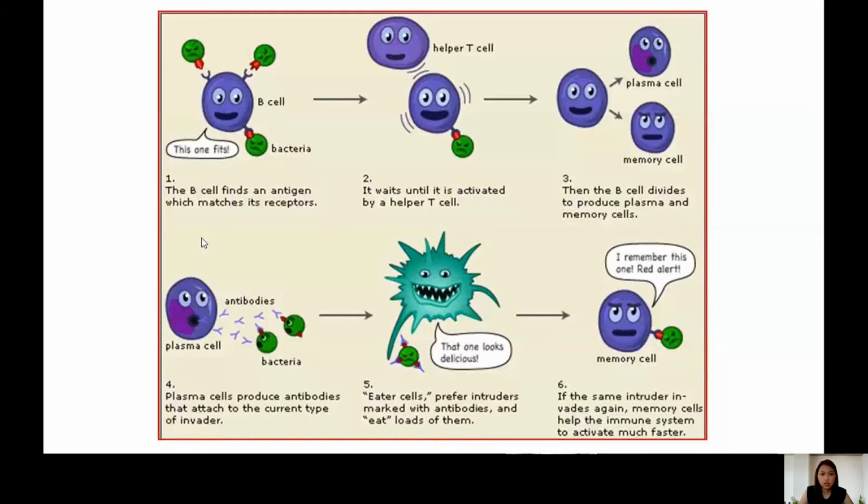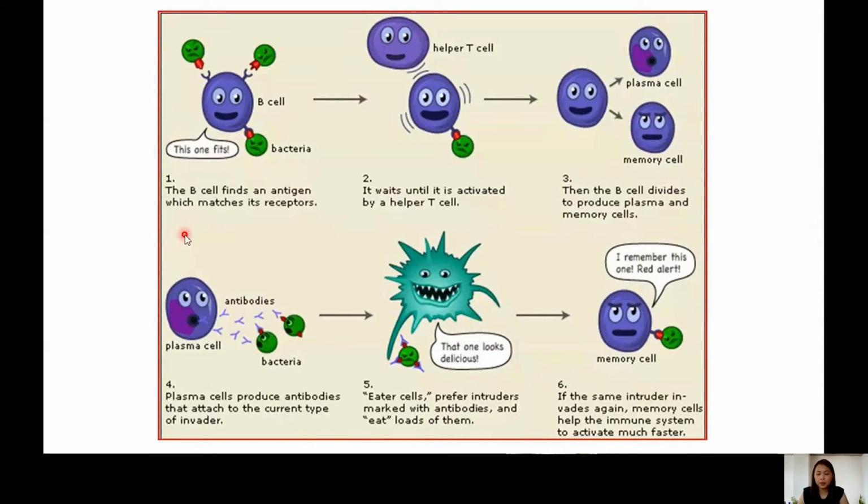These red ones are the antigens which our B cells can recognize. After that, if the antigen matches the receptors of our B cells, it will attach to the antigen of the bacteria.